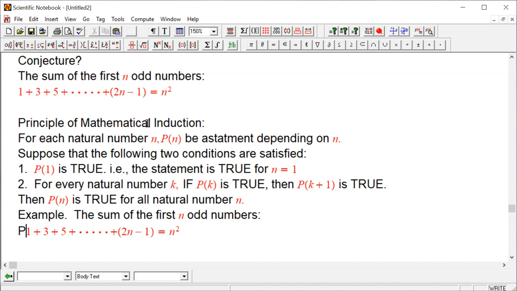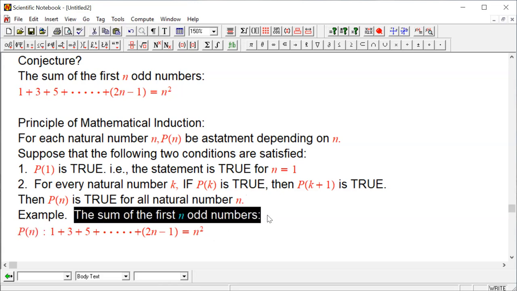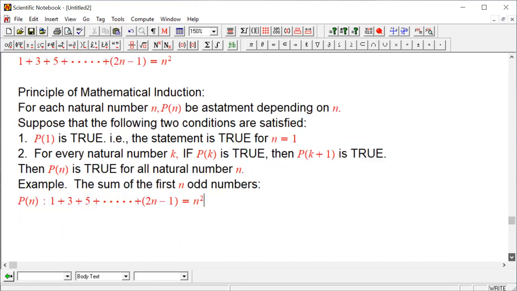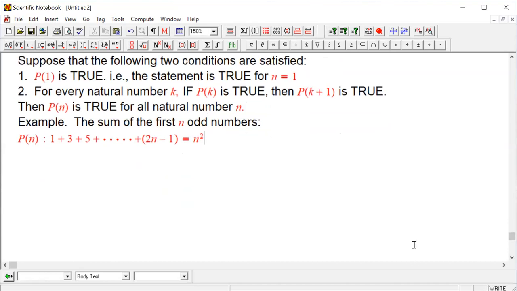It says that the sum of the first n odd numbers is the same as n squared. We call it P(n). In words, that's the statement, and in mathematical expression, we add the first n odd numbers and we get n squared. And now we're going to go about proving it.